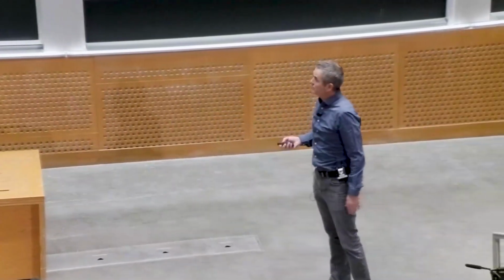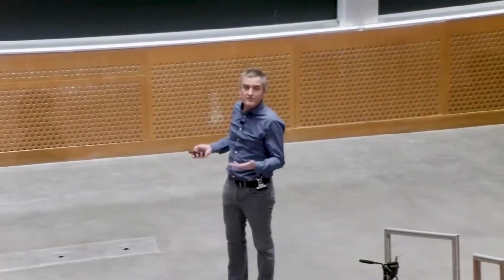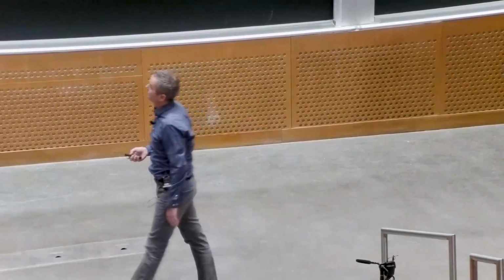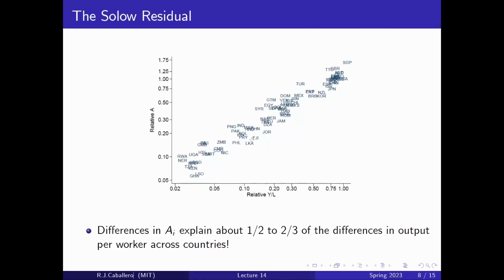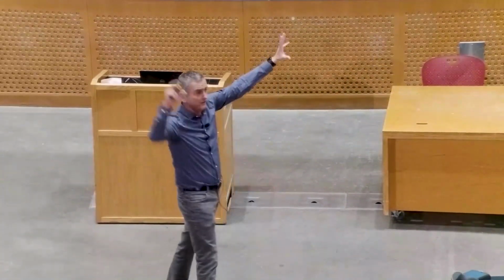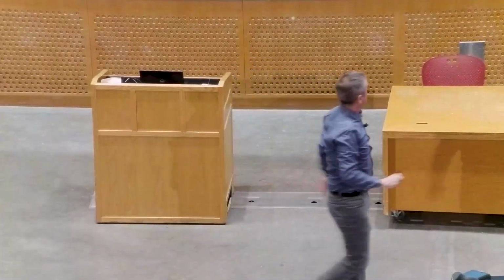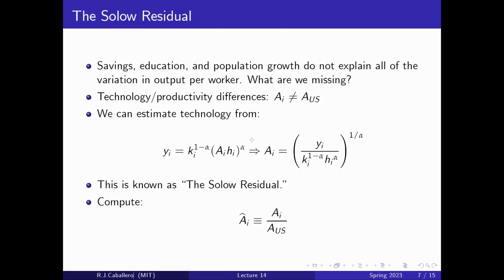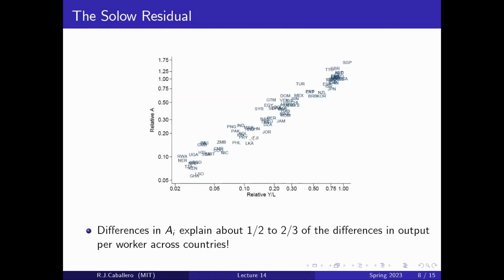So the next step was to say, let's measure the difference in technologies across the world. And it turns out that if you go out there and you measure the level of technology across different places, Zimbabwe, Singapore, South Korea, and so on and so forth, and then you plot the level of technology that countries have against their output per capita, per worker, you explain a big share of it.